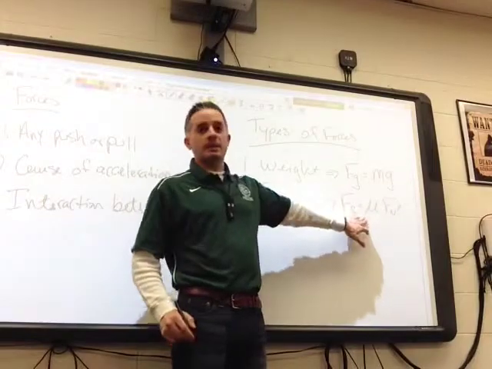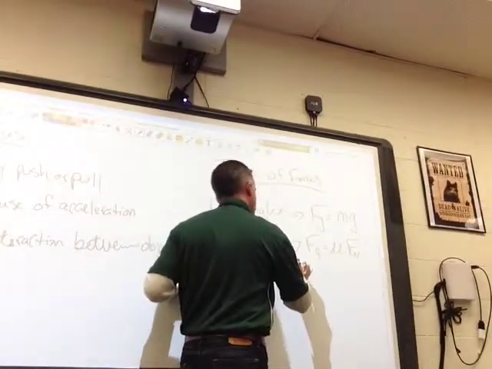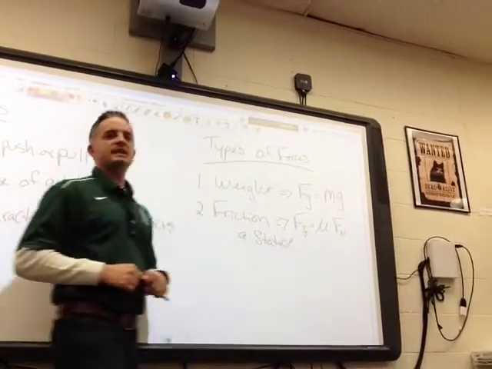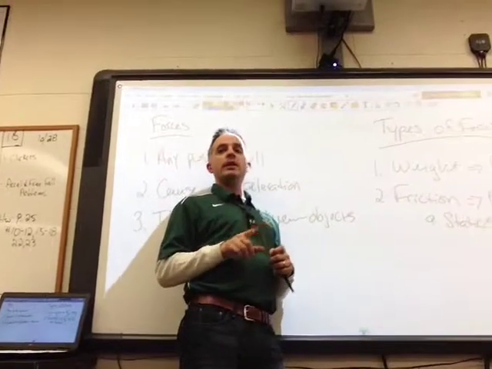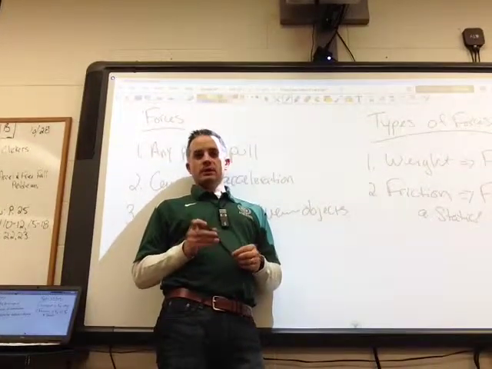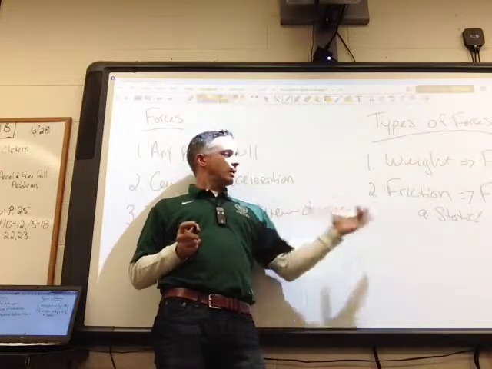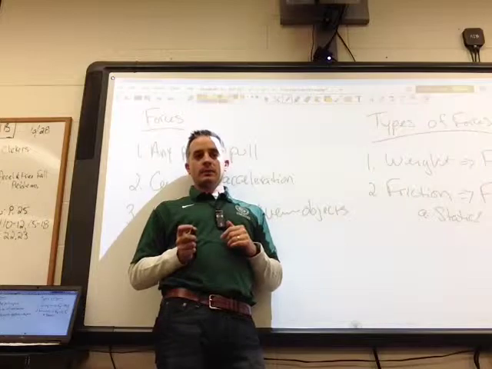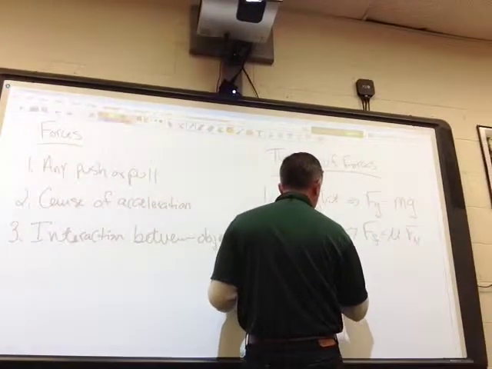Now there are two types, okay? You have static friction. Static friction occurs when the object is not moving. Does that make sense? Static means not moving. And then there is kinetic friction.